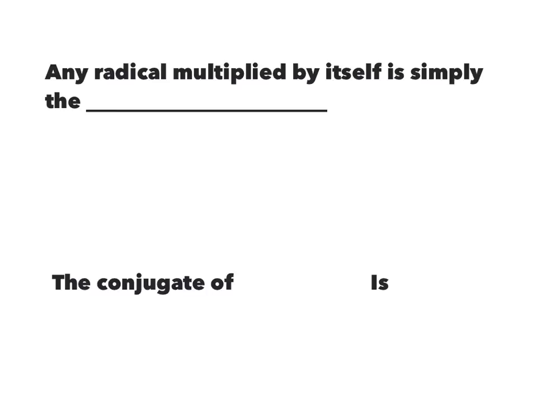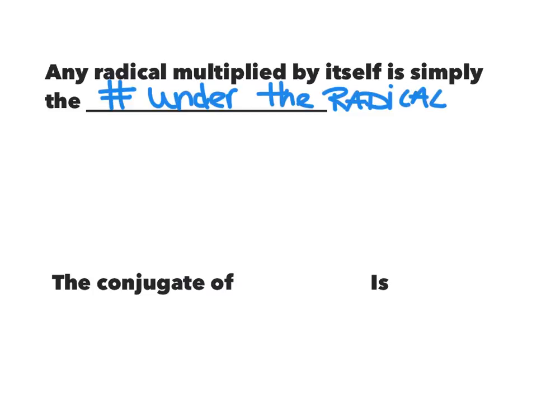Okay, hopefully you've caught on to this. Any radical multiplied by itself is simply the number under the radical. Now, that only works if you're multiplying a number by itself. For example, radical 3 times radical 3 is equal to radical 9, which is really just the number 3.